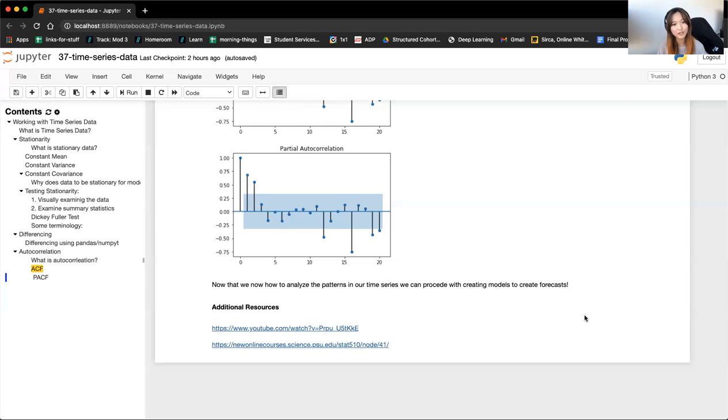There have been a bunch of other models that have come out post these traditional models. For example, if you look into your appendix, Facebook created a model called Facebook Prophet, and it is something that anyone can use. It's a package that you download and use. They introduce some learning techniques from your data.